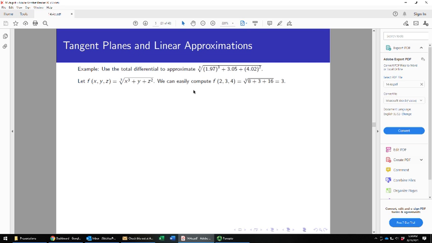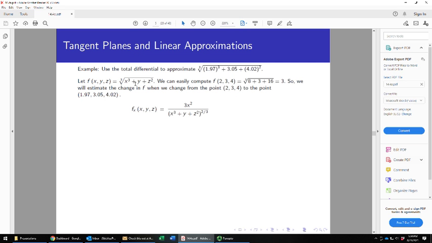It's also pretty obvious when they give you things in terms of decimals that are close to whole numbers that you probably want to use the whole numbers to plug into the function. Okay, so we're going to estimate the change of f when the point goes from 2, 3, 4, where we have a known value, to the point 1.97, 3.05, 4.02, an unknown value for the function.